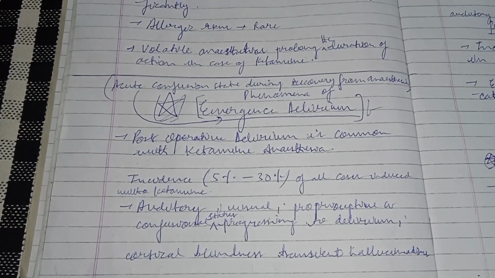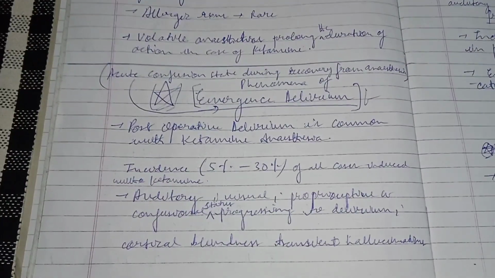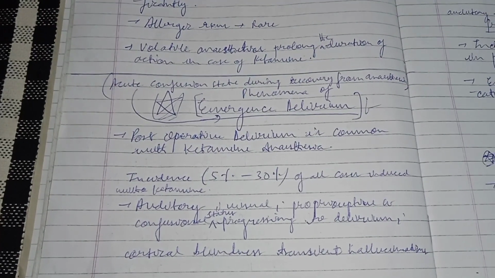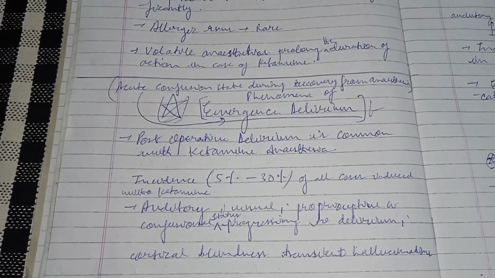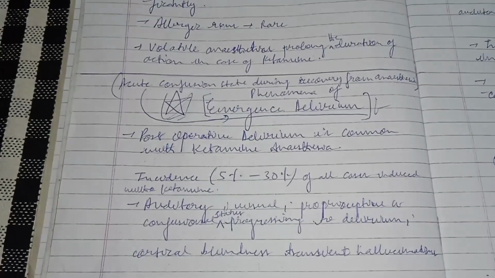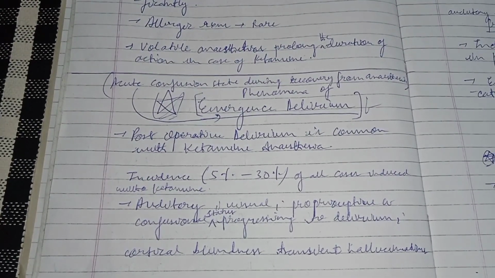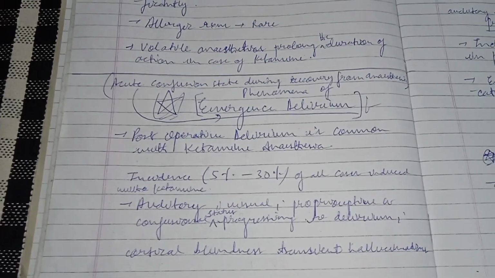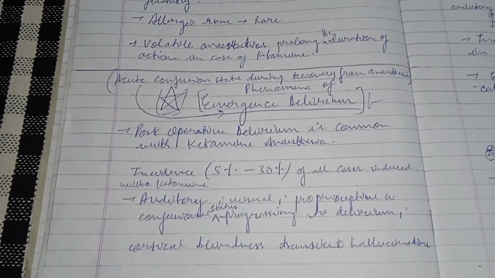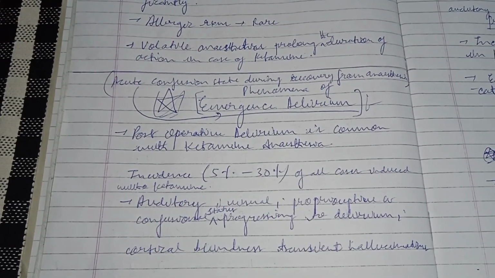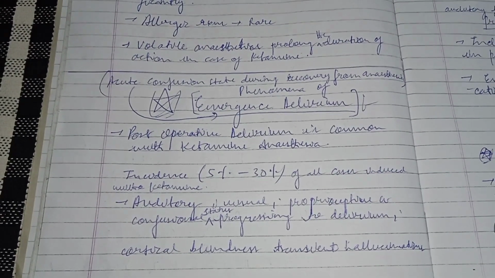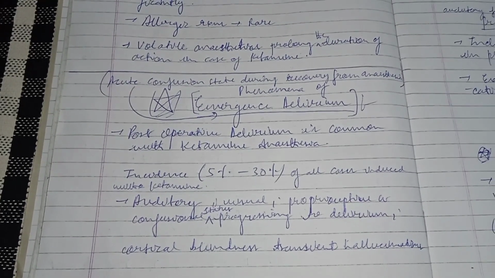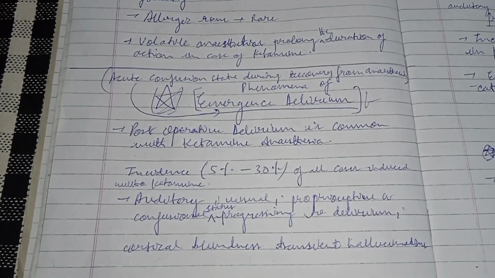Post-operative delirium is common with ketamine anesthesia, and the incidence is about 5 to 30% of all cases induced with ketamine. Auditory, visual and confusional states progress to delirium, cortical blindness, transient hallucinations, etc. So have a note of it.